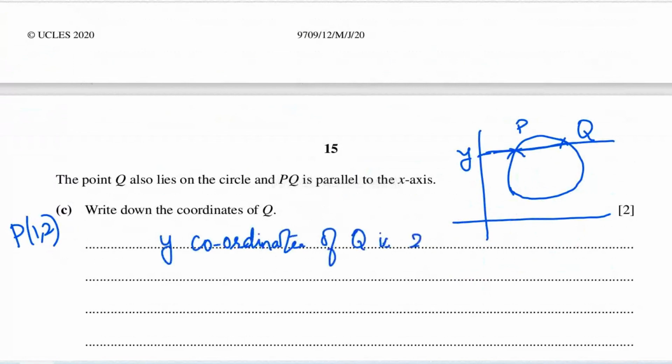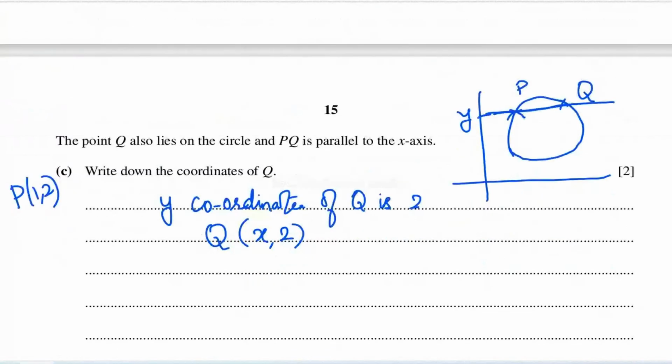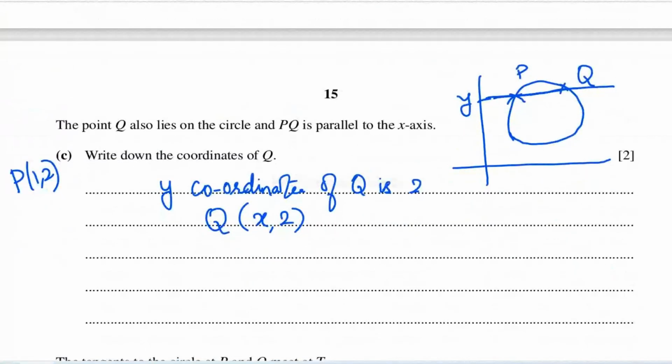So let's take Q as x comma 2. So x comma 2 is a point on the circle, so it satisfies the circle equation. So let us substitute x comma 2 in the circle equation. So x minus 4 the whole square plus y plus 2 the whole square equal to 5 square.